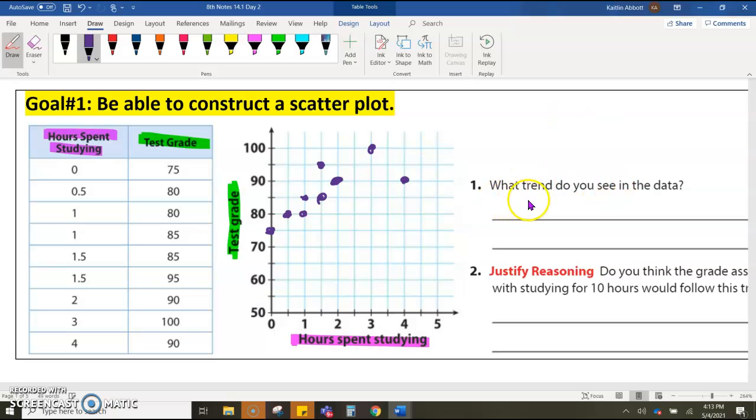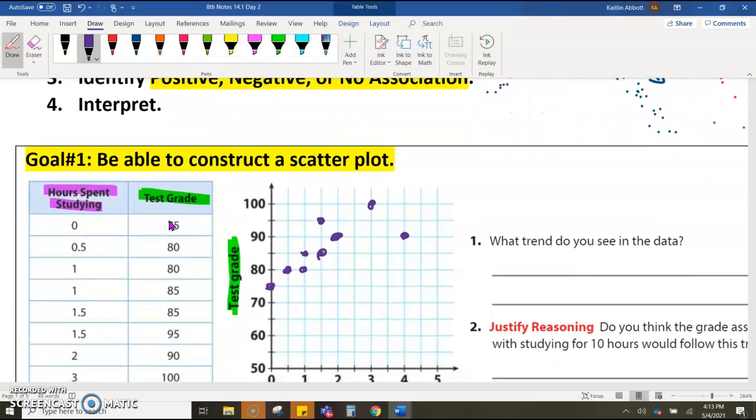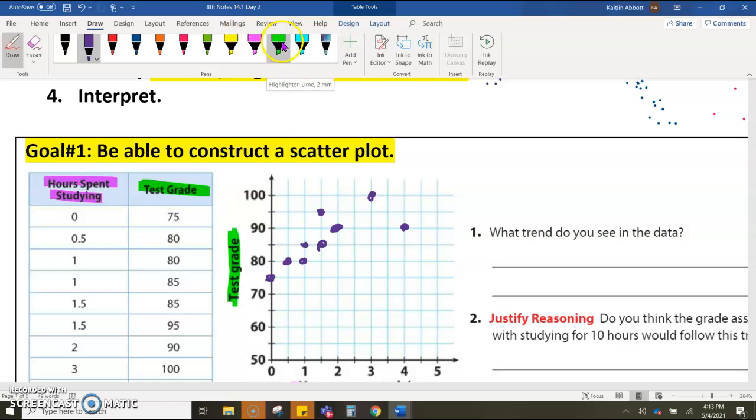So we need to see what trend you see in the data. Let's first identify our clusters and our outliers. I see an outlier here that's not really part of the pack. You might consider this one an outlier too. It's not necessarily in the group, but it is still in our trend line. If you see, our trend line kind of goes like this, so it might be considered part of the trend.